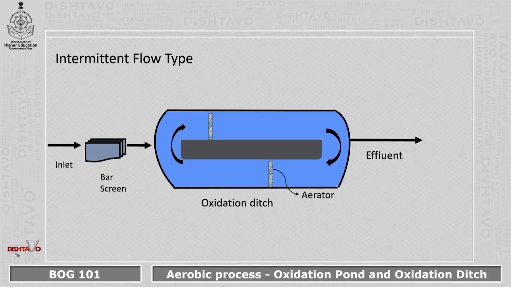In intermittent flow type, you will notice that there is no secondary clarifier provided. Here too, the water will enter through the bar screen into the oxidation ditch. The aerators will carry out the aeration. After sufficient time, the working of the aerators is stopped.